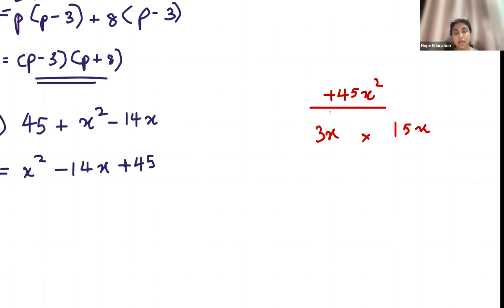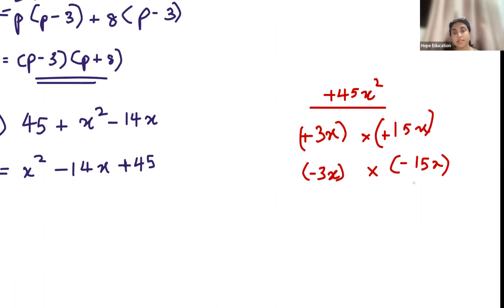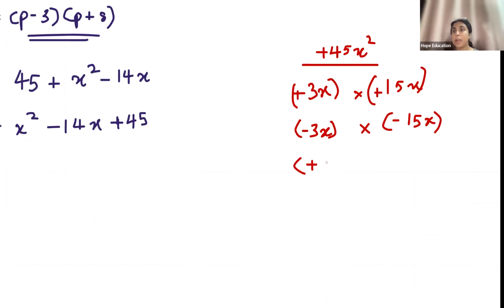Here it's plus. Plus when same signs are multiplied. Plus 3x multiplied by plus 15x or minus 3x multiplied by minus 15x. Another option we have is 5 and 9. Plus 5x multiplied by plus 9x, we get plus 45x squared.